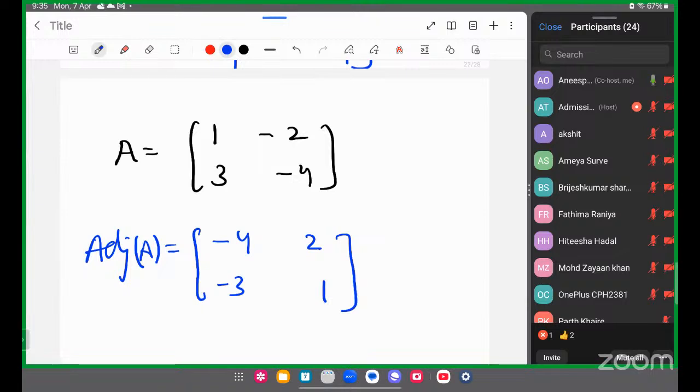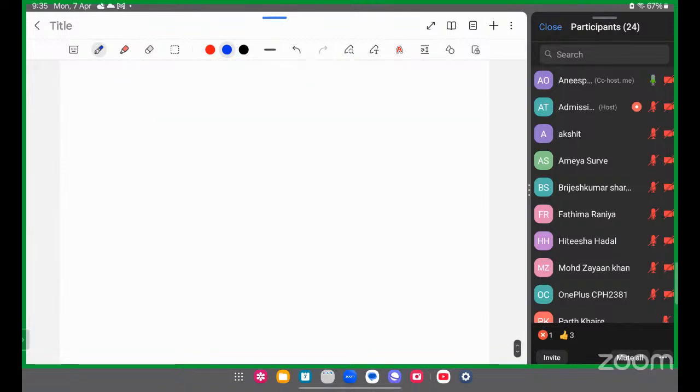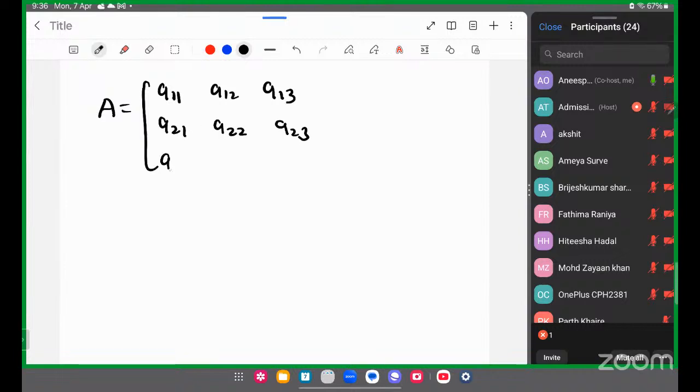Any doubt? Okay. Now let's discuss how to find the minor, cofactor and adjoint of a 3 into 3 matrix. The concept will be the same. Let's say I have a matrix A of 3 into 3 order: A11, A12, A13, A21, A22, A23, A31, A32, A33.